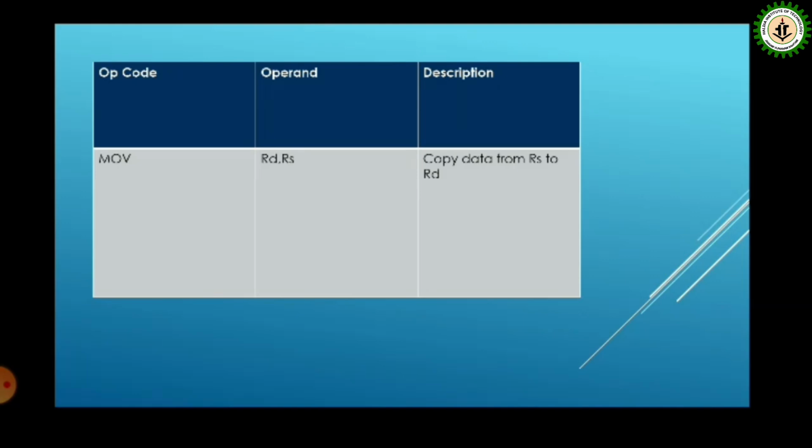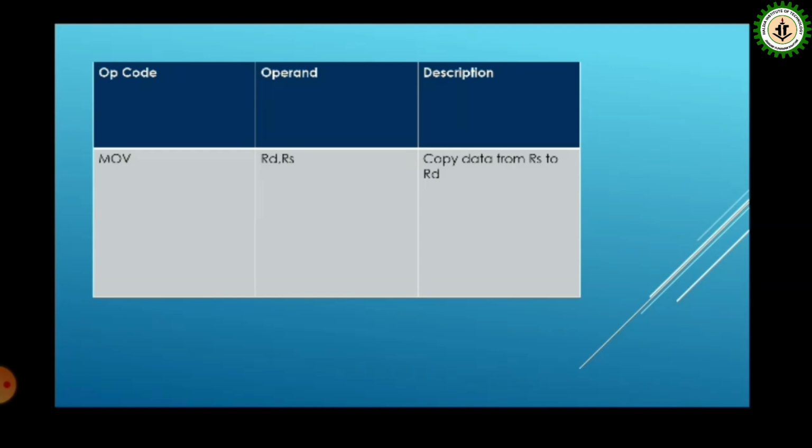Its general purpose registers are B, C, D, E, H, L. These 6 general purpose registers are of 8 bits. And accumulator, which is also termed as register A. It is the most vital register in 8085.